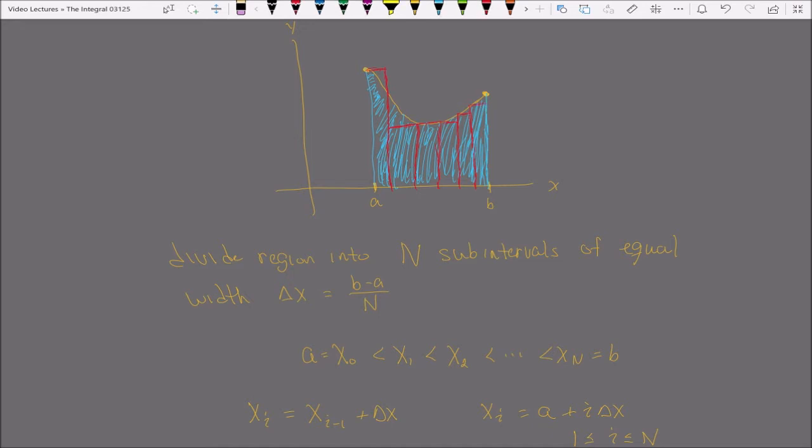And this one I drew too high. We'll just say it stops there, let's say. Well, then the general idea is that the total area is approximately the sum of all the areas of these rectangles, right?